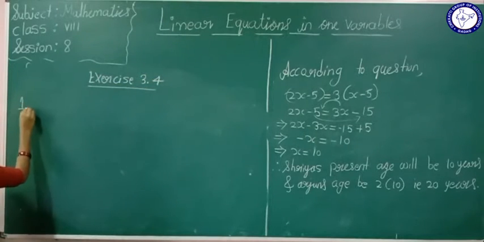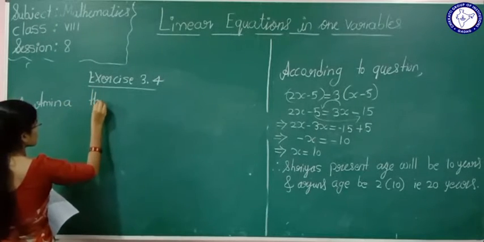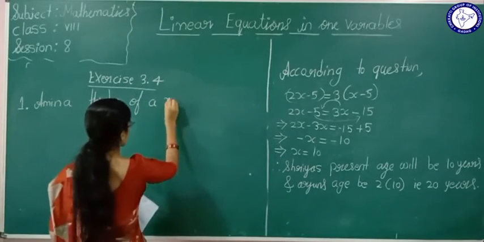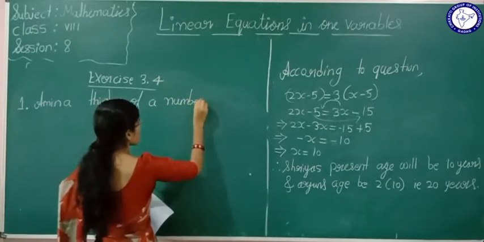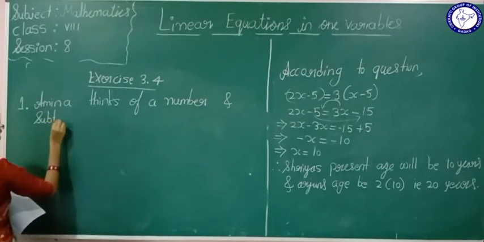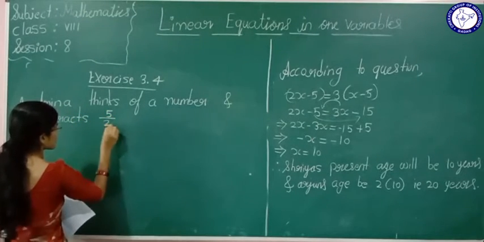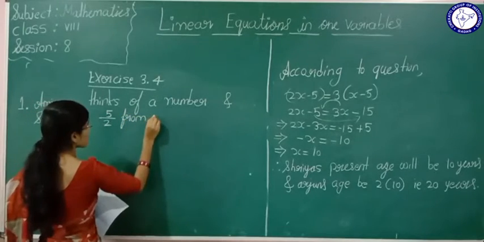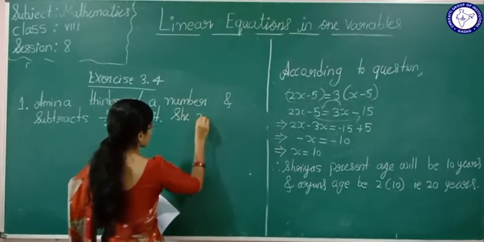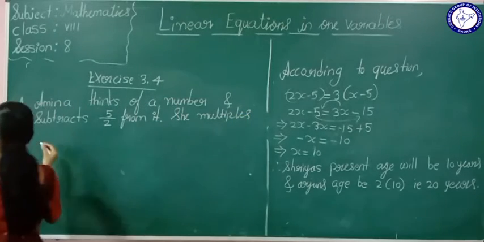First question: Amina thinks of a number and subtracts 5/2 from it. She multiplies the result by 8.